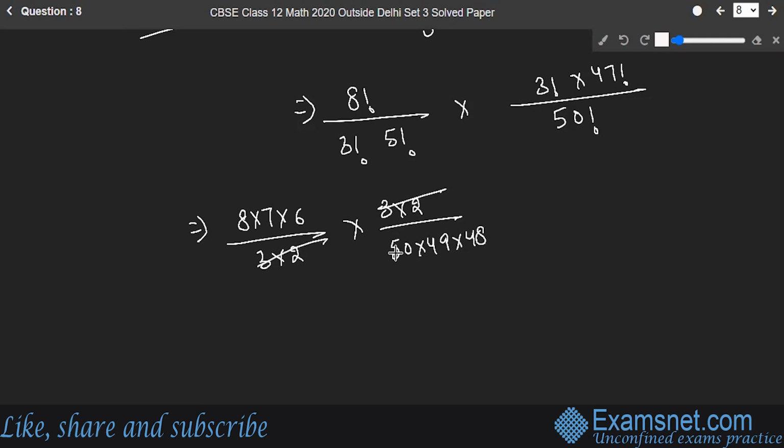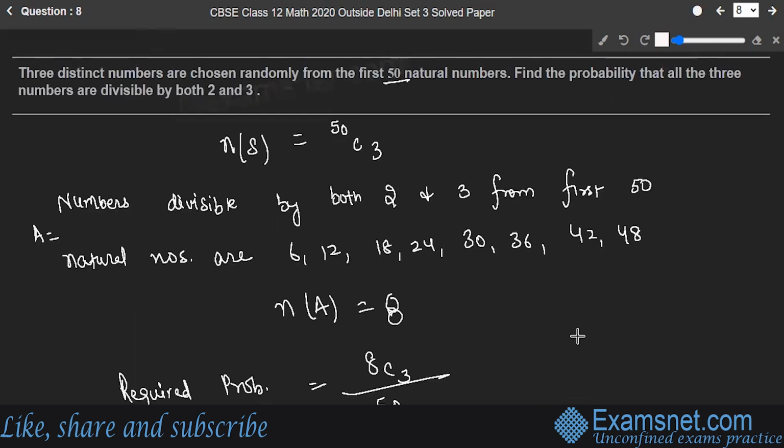So these two will cancel out, and this and this will also cancel out. This will cancel the 7. So this is equal to 1 upon 350. This is the answer to the question. Hope you understood this. So 1 upon 350.